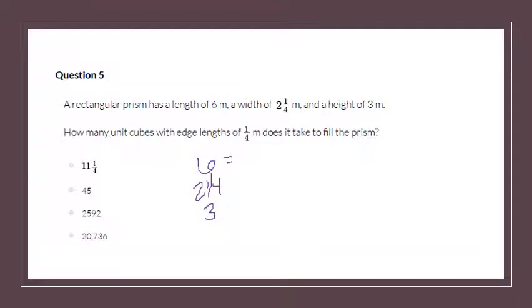I'm going to say 6 divided by 1/4, and I get 24. 2.25 divided by 1/4 gives me 9. And 3 divided by 1/4 gives me 12. So now all I have to do is say 24 times 9 times 12. And I get 2,592 blocks.